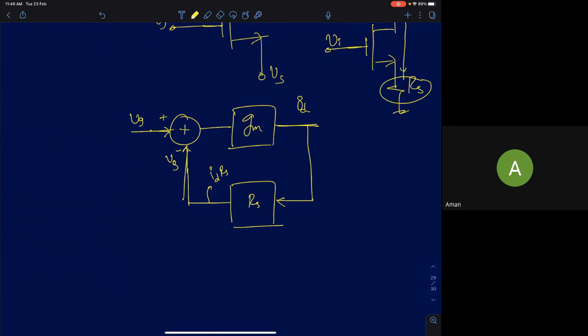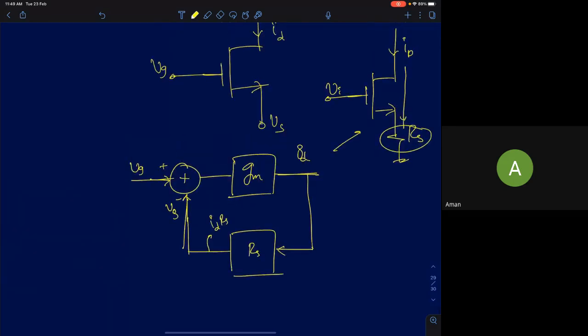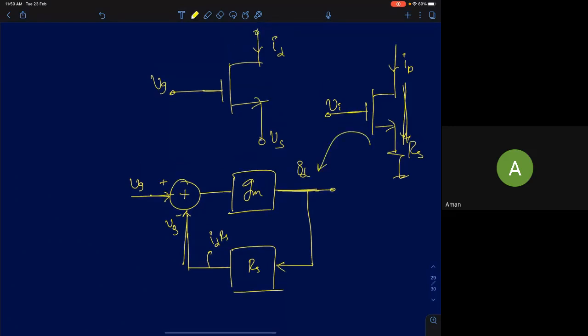So there is a kind of feedback mechanism in the circuit. The output current is measured by a feedback network, and this feedback network is now controlling the output current again. I've represented this as a block diagram. If I know the current through the resistor, the output voltage will be I times R.